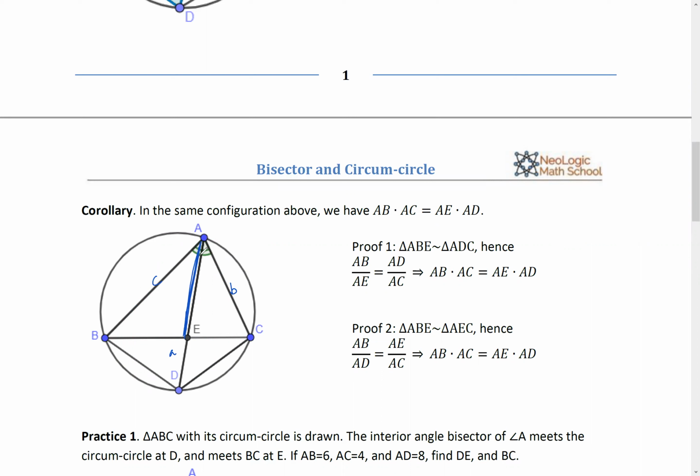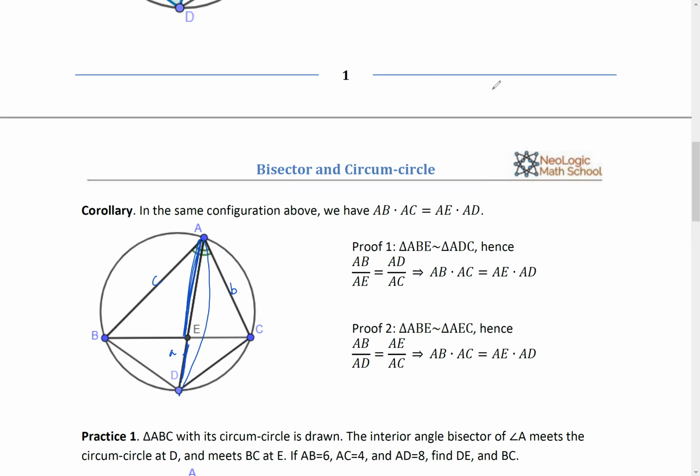Now, not only that, I can calculate AD. Why? Because AB times AC is AE times AD. Once you have AE, you can calculate AD, not a problem, which means you can calculate DE as well.